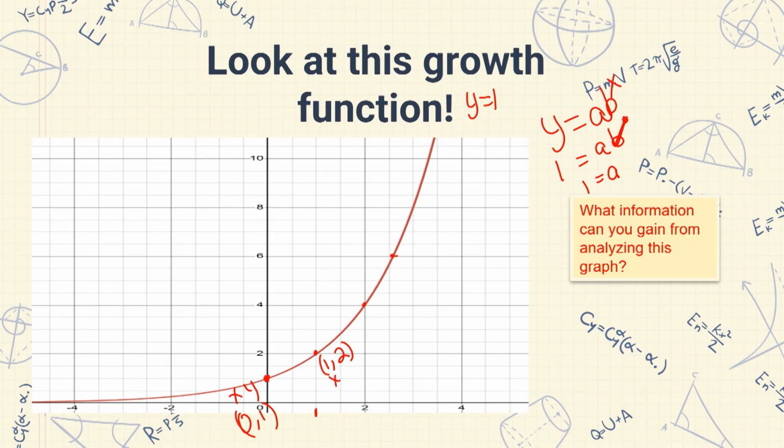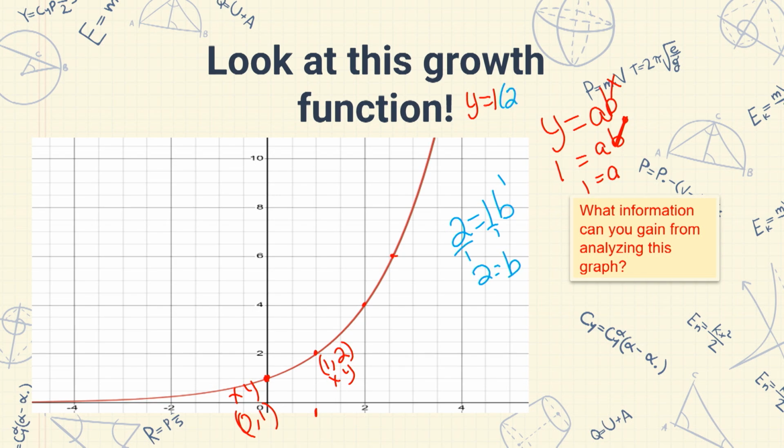I have x and y. So let's do this in a different color so we don't get mixed up. So I have 2 equals, we know a is 1, times b to the 1. Anything to the 1 power is itself. I'm going to get b by itself, so b equals 2.